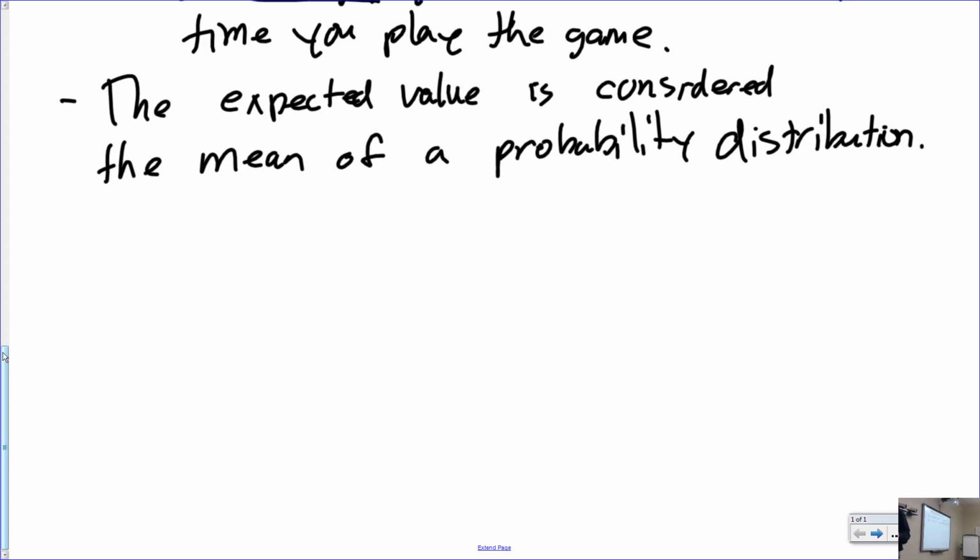So if anybody ever talks about what's the mean of a probability distribution or a probability event, the idea is that you would be calculating the expected value in order to figure that out. And again, it's just a matter of figuring out what's the odds of the event that you're playing, whatever it may be. Okay?